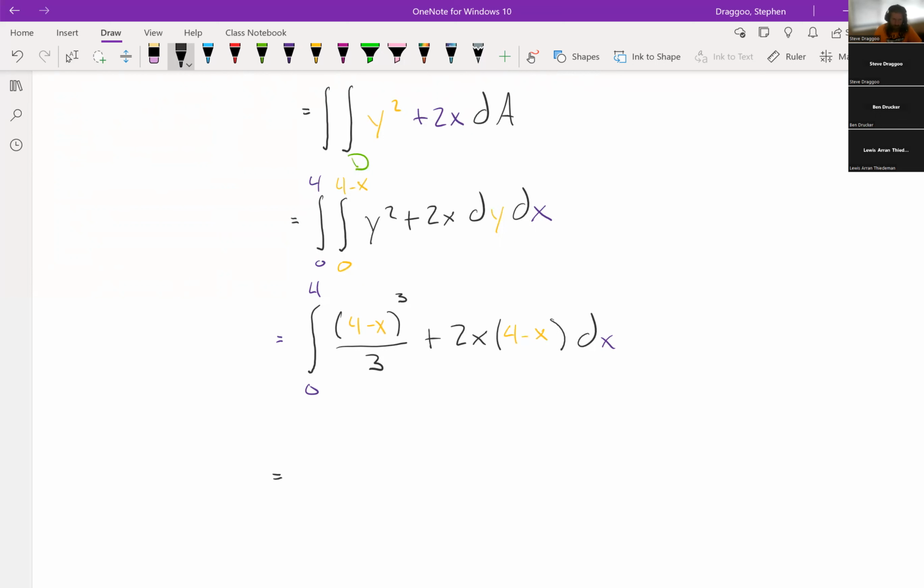You could also cube that thing out if you wanted to, but I don't want to, so I won't. So I'll simplify to -1 over 12 times 4 minus x to the 4th power.